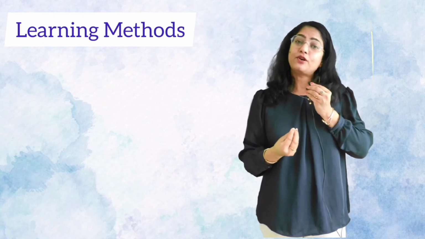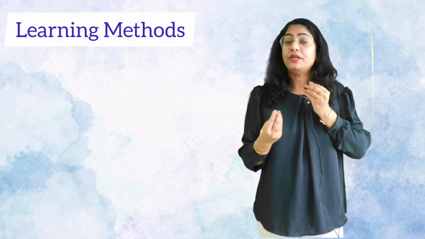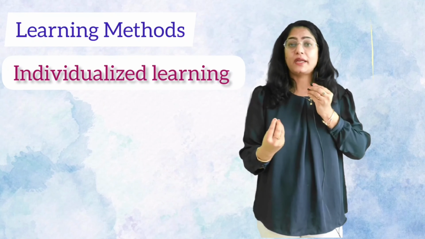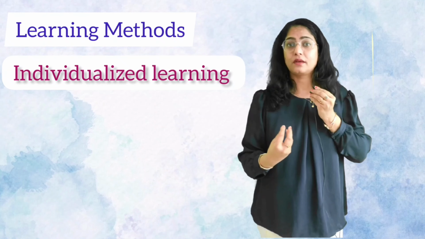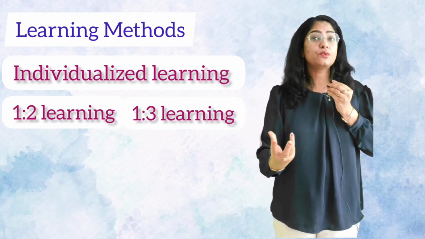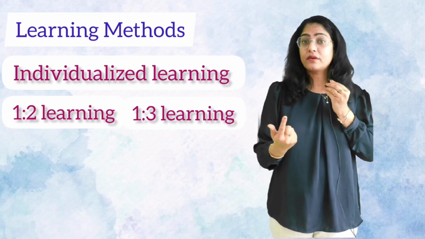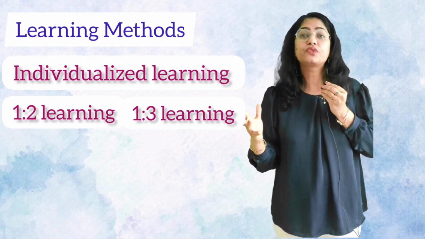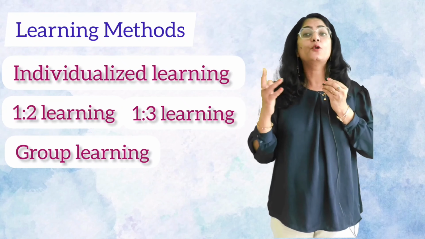We can use various kinds of learning methods. For example, putting a child into individualized learning, 1-to-1 learning, or 1-to-2 or 1-to-3 learning. 1-to-2 or 1-to-3 means one teacher, therapist or caretaker along with 2-3 kids. Or we can have group learning.